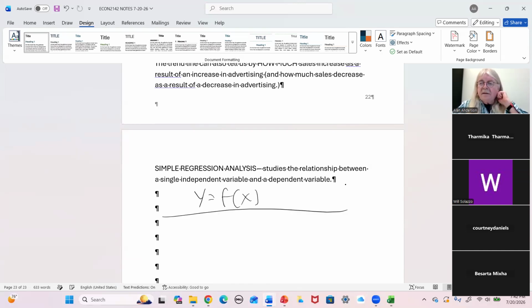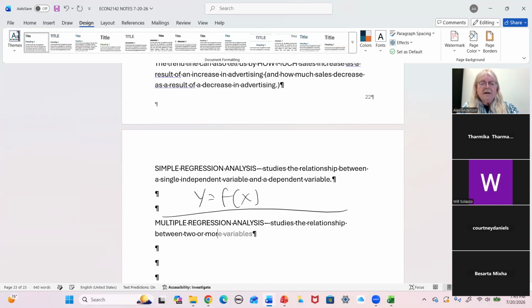And what would that say about multiple regression, which again, we'll not be doing here? Multiple regression studies the relationship between several independent variables and a dependent variable.